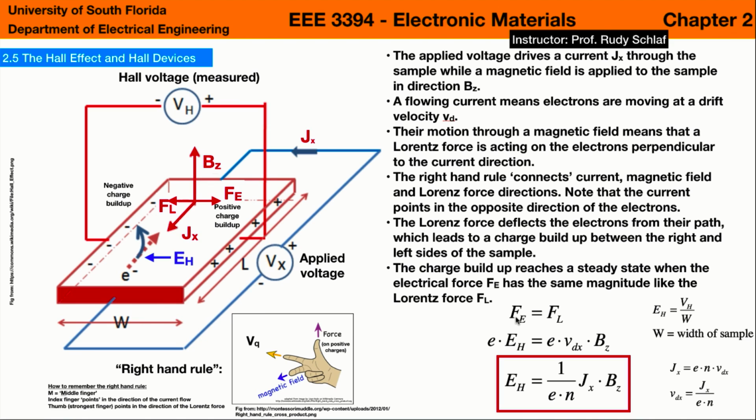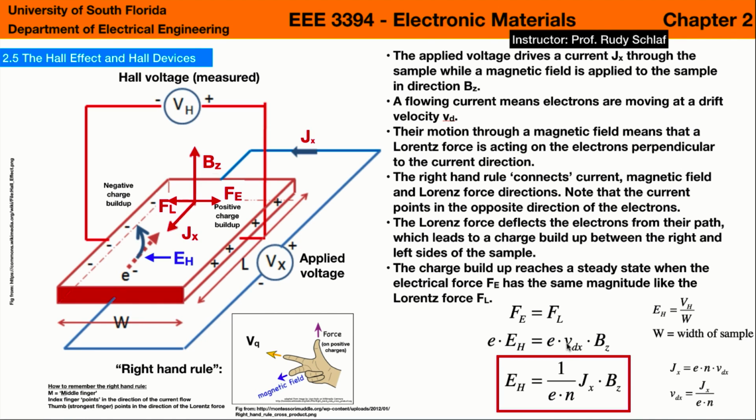That is just the Coulomb force acting on the electron. And on the other side, we get our formula from the last slide: electron charge times the velocity times the magnetic field. Because everything is nicely perpendicular, we can simply multiply these as scalars. And so we get this equation here.